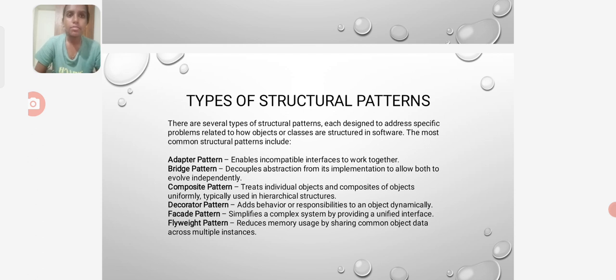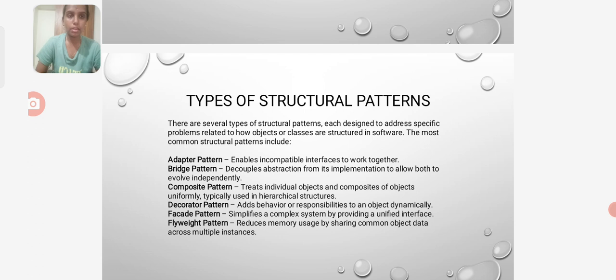There are several types of structural pattern, each designed to address a specific problem related to how objects or classes are structured in software. The most common structural patterns include adapter pattern, bridge pattern, composite pattern, decorator pattern, facade pattern, and flyweight pattern.